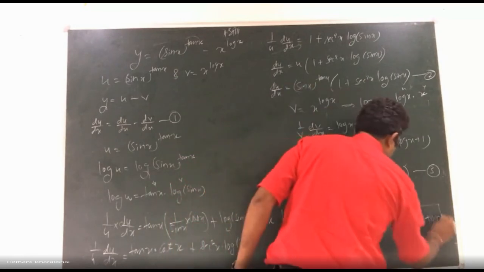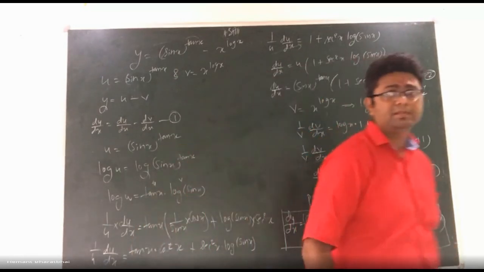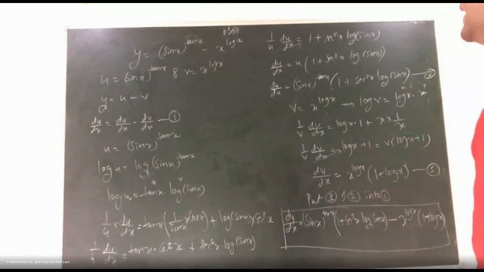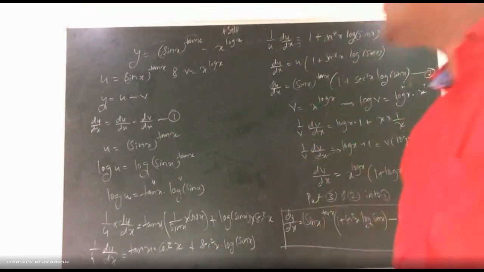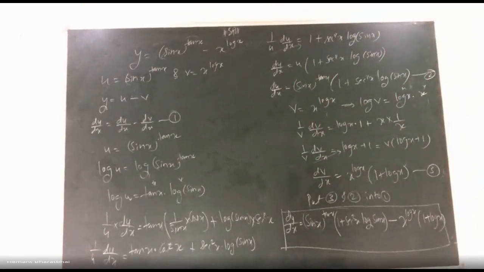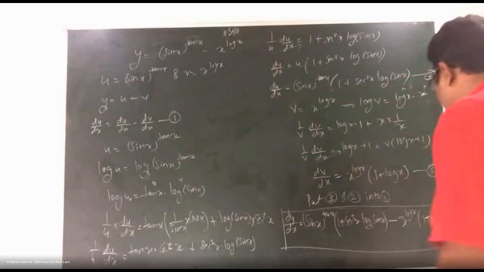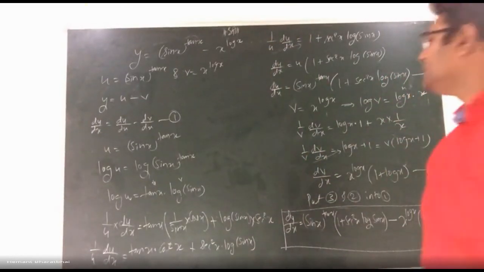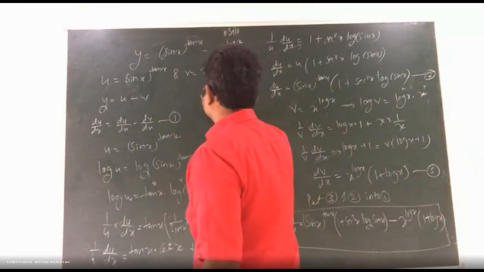So this is the answer of the derivative. I have been given y equals sin x raised to tan x minus x raised to log x, and the derivative of this is this. This we call logarithmic differentiation.